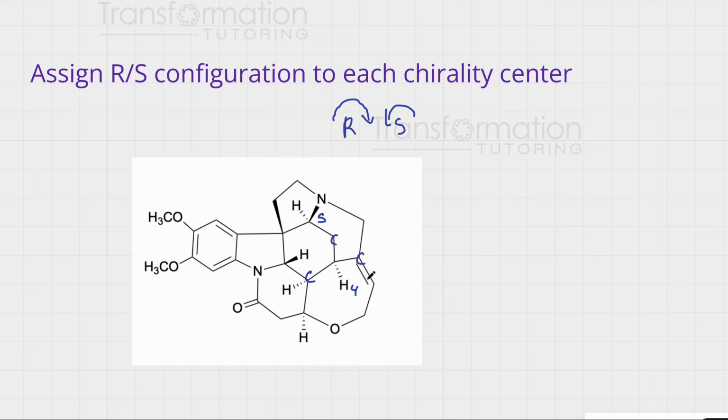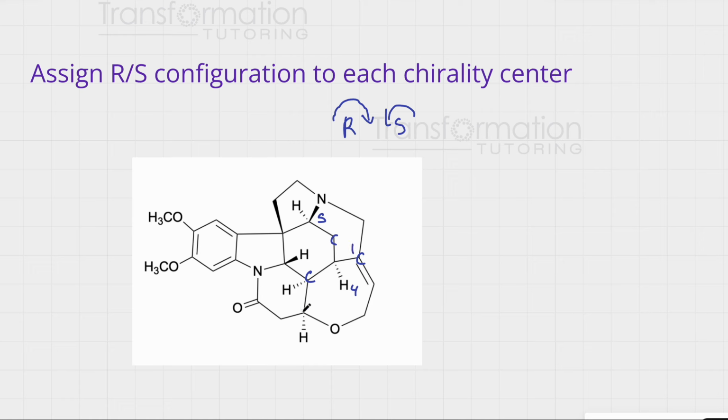This carbon is attached to 1 carbon on this side, and then it has a double bond with this carbon, and anytime you see a double bond, it's the same as being attached to 2 carbons. So effectively this carbon is attached to 3 carbons. This carbon is attached to 2 carbons, and this carbon is attached to 1. So this one will win.